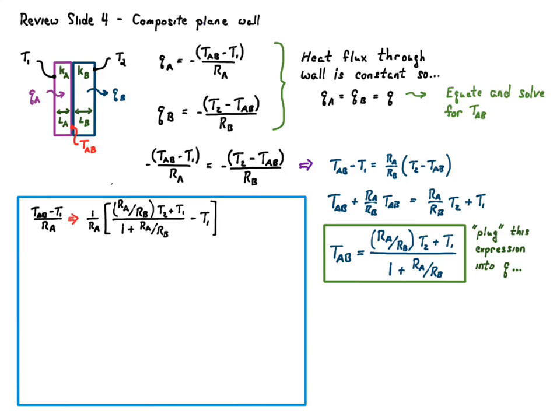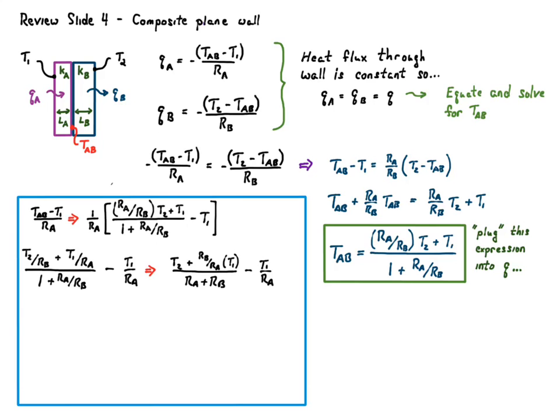I'll show the steps, but we're essentially going through, here we've plugged in the value for TAB. Now we're rearranging, and in this case I've multiplied through by RA.